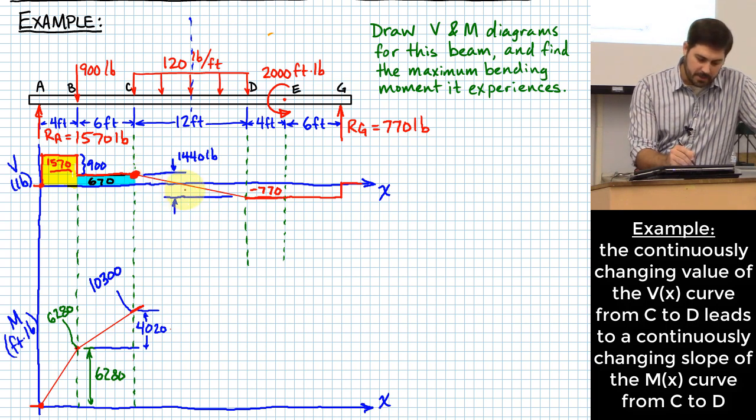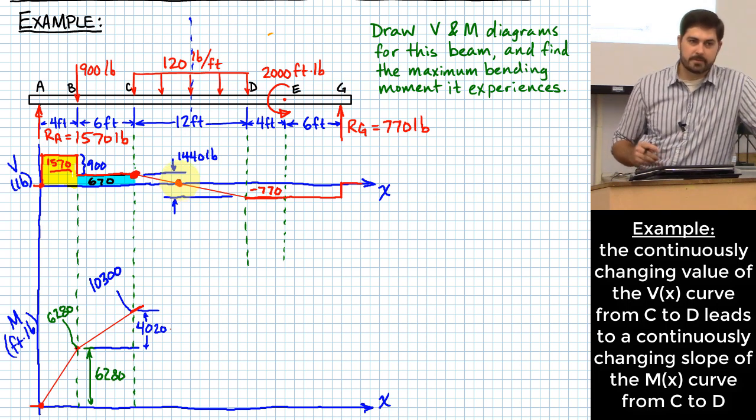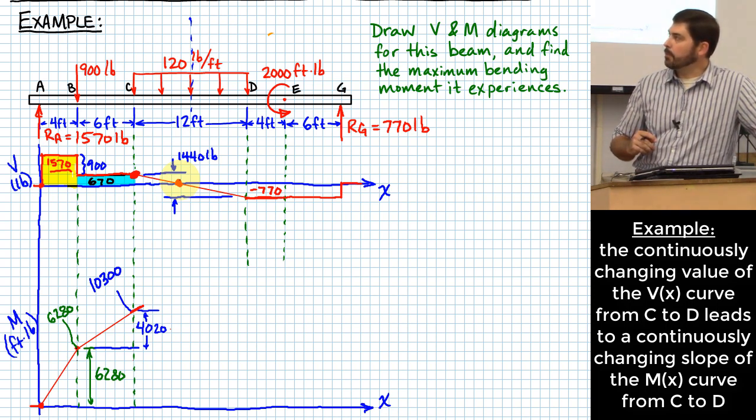It starts to change. As a matter of fact, it gets to where it has 0 slope on the m of x curve, right there where the v of x curve crosses the 0 point on this axis. How do I figure out what that point is right there?